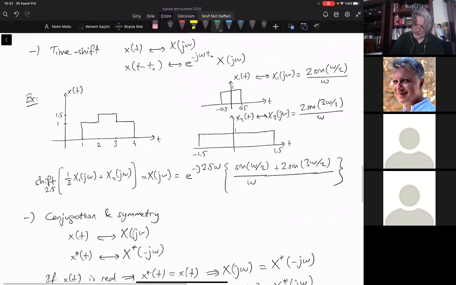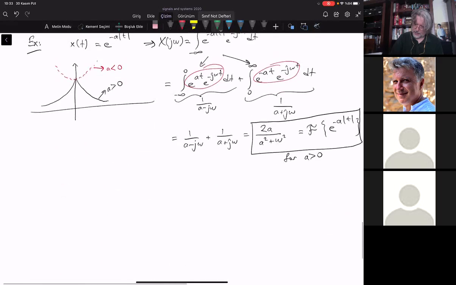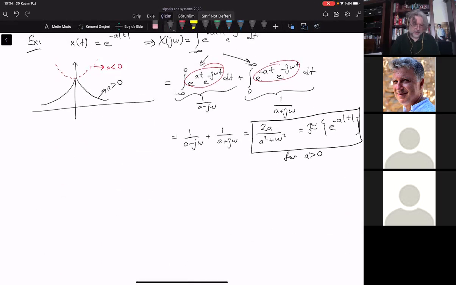So let me come back now to this, and I want to think of it in the following way. e to the minus a absolute value of t is equal to twice the even part of e to the minus a t u of t.